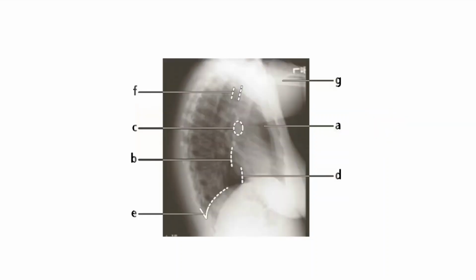Now let us mark the structures in this X-ray. This is a lateral view of chest.